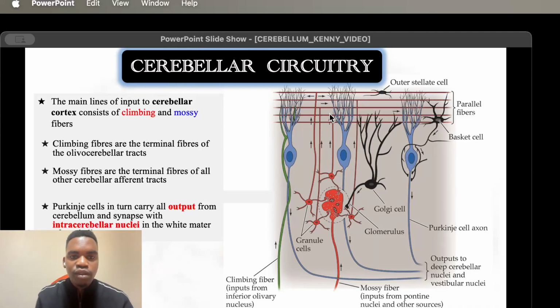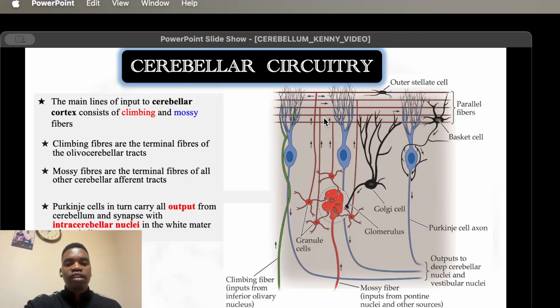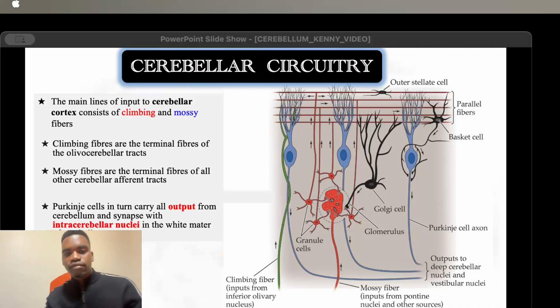The branches from the Morse fibers form 90 degrees with respect to the dendrites of the Purkinje cells. So the Purkinje dendrites are perpendicular to the dendrites of the Morse fibers.